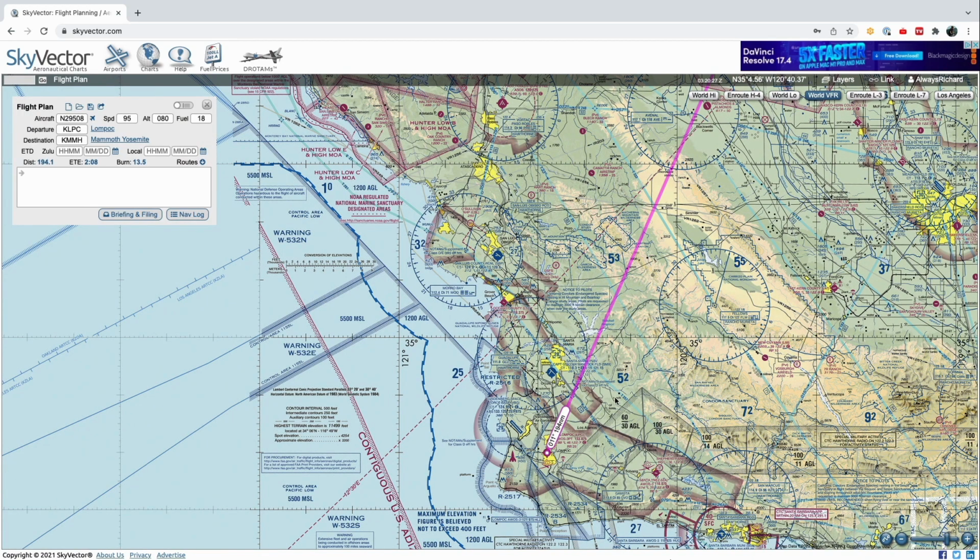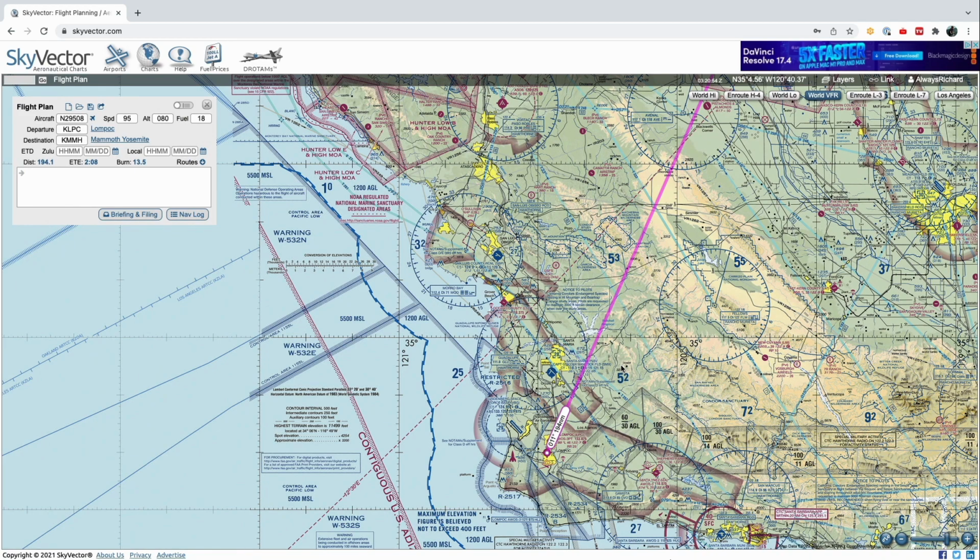And if you look here, these things are sector altitudes, and the sector is this area here. In that sector, the highest item that you have to worry about is 5,200 feet. That doesn't mean you have to be above 5,200 feet.